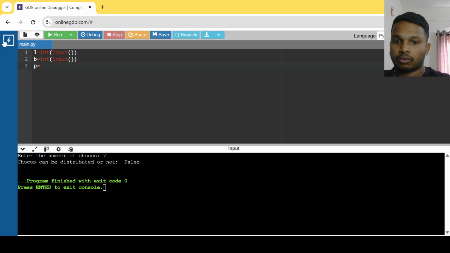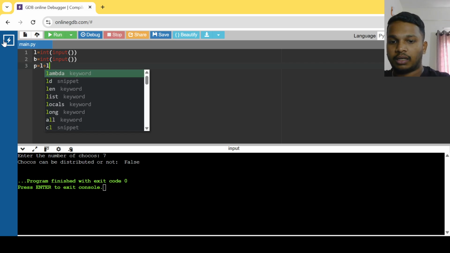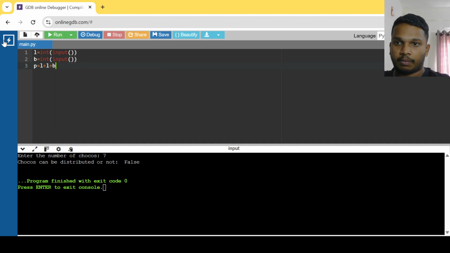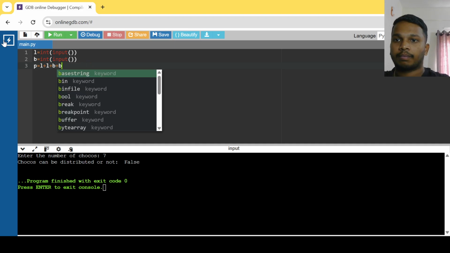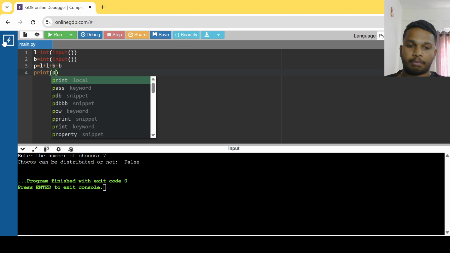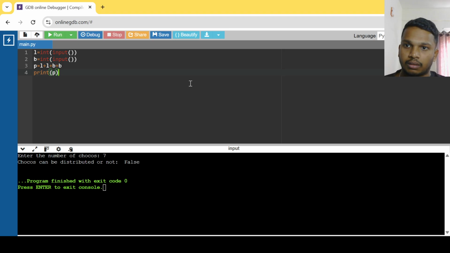Next, perimeter is equal to L plus L plus B plus B. Am I correct? Then print P. For example, think length is 2, breadth is 3. 2 plus 2 is 4, 3 plus 3 is 6, 4 plus 6 is 10, right?